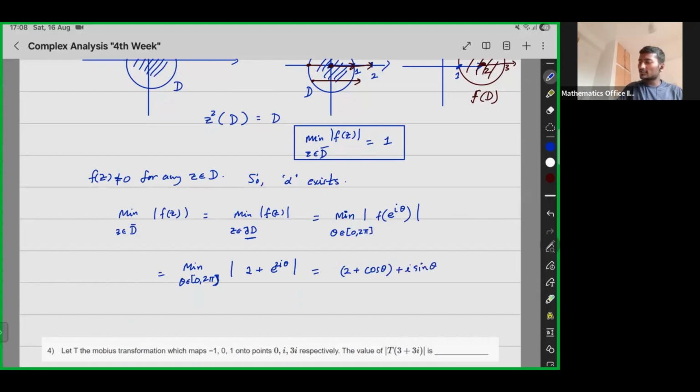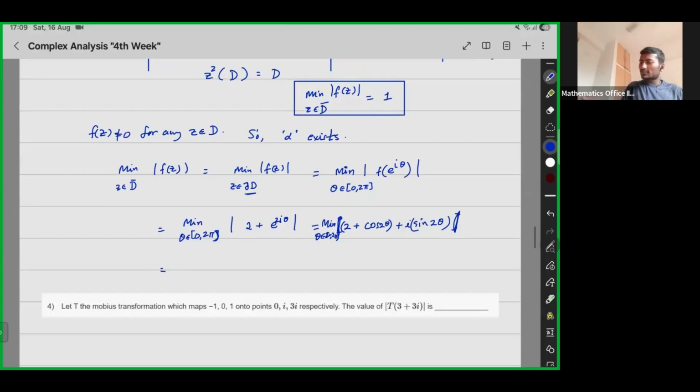It is e power 2i theta, so 2 theta will come here. My fault: in place of theta, it will be 2 theta. So this is the modulus, and we take the minimum over theta belonging to 0 to 2 pi.